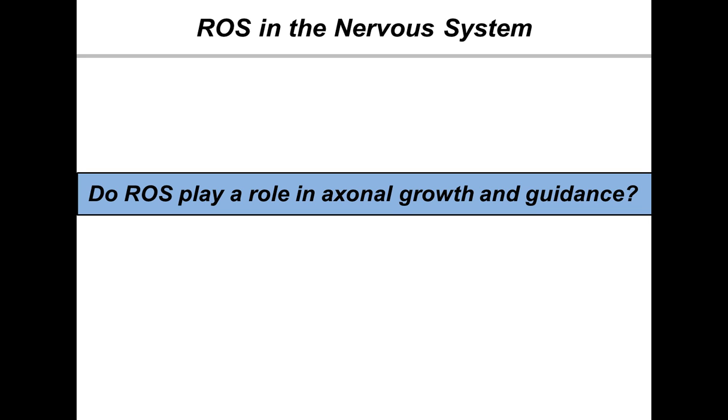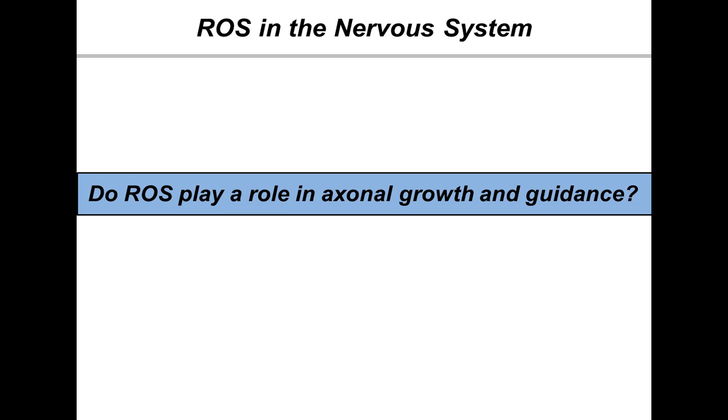Now, what about ROS in the nervous system? Obviously, the brain needs a lot of oxygen, and therefore the brain is particularly vulnerable to oxidative stress. Secondly, it has been shown that NADPH oxidase-derived ROS have been implicated in neurodegenerative diseases such as Alzheimer's and Parkinson's and ALS, but also following injuries such as spinal cord injury.